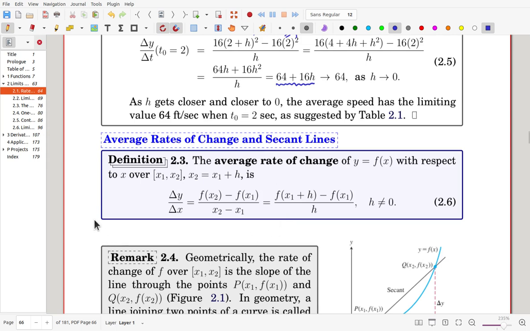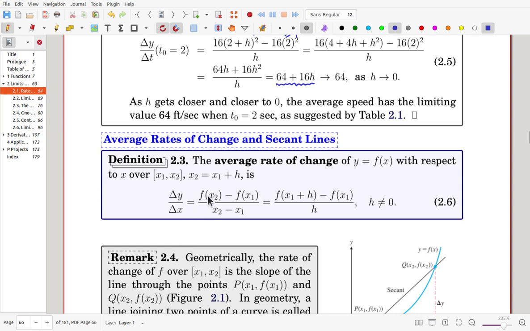With that experience, now we can officially define the average for a general function. Earlier, for the distance, we tried to get the average speed. Now for a general function, a function of x, we define the average rate of change with respect to the independent variable x, over the interval x1 to x2, which is the change in y divided by the change in x.